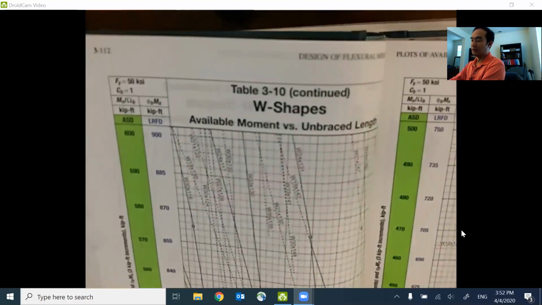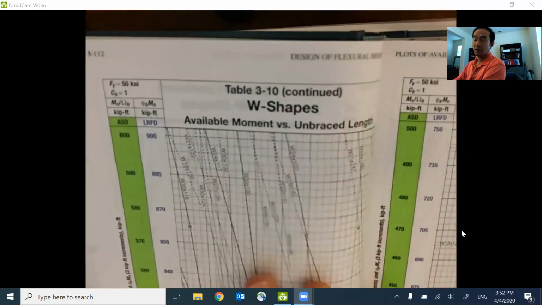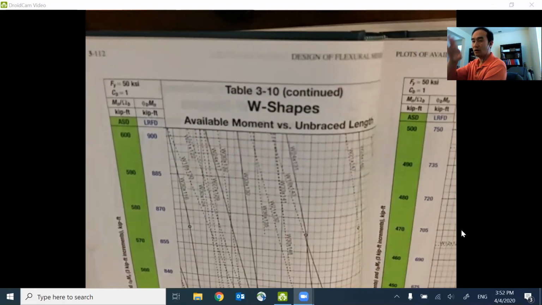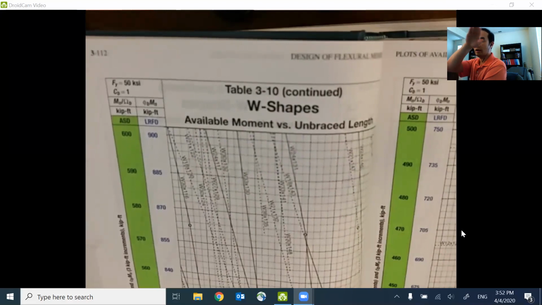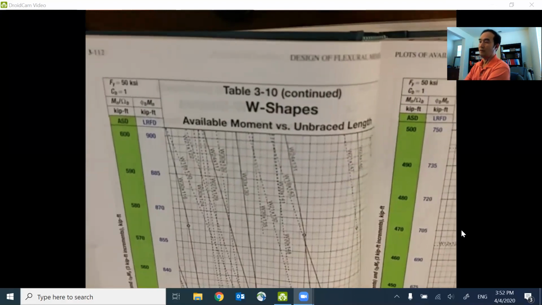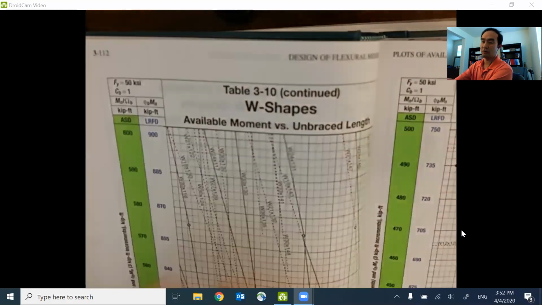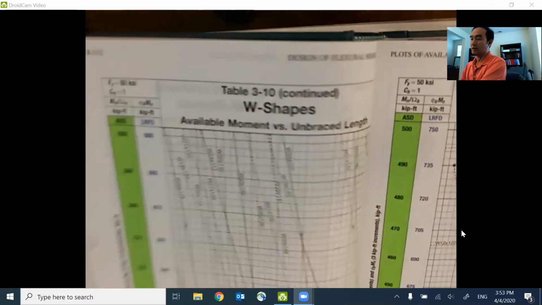This is exactly the chart that I explained about, M_p between L_p and L_r: depending on the unbraced length, we have a different reduction of the M_n. And this is the chart for all the sections overlapped together.